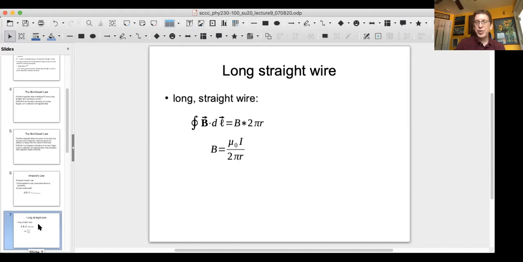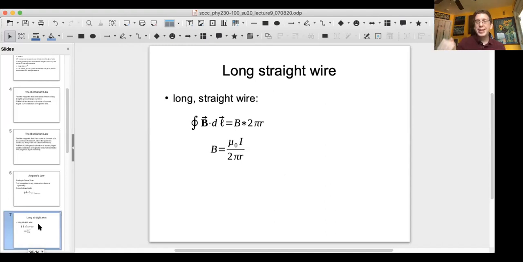So how does that work with a long straight wire? Well, your Amperian loop, the equivalent of a Gaussian surface, is a circle of radius r around the wire. And again, we've already figured out qualitatively, before we did any of the integration, that the magnitude of B was going to be constant along that loop, and that it was going to make a circle around that loop.